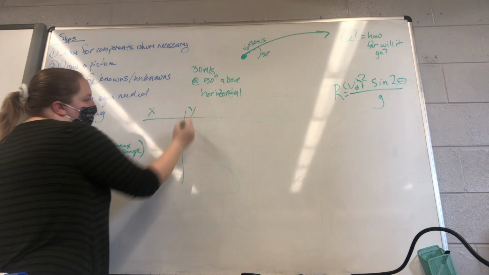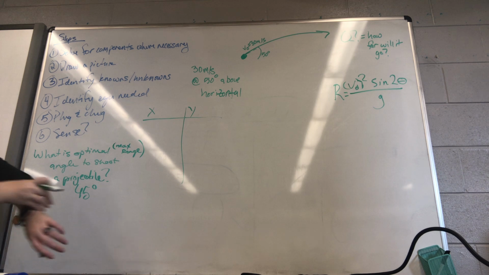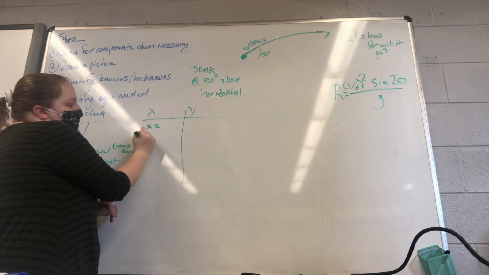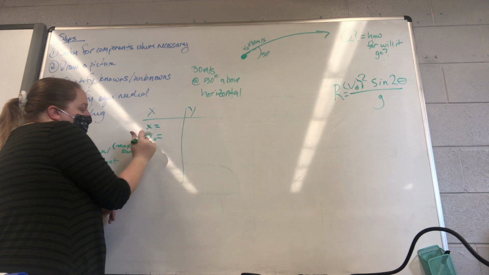Real quick, for argument's sake, let's set up an XY table and see what we get. And then let's discuss why the range formula would be the best one to use in this particular case. So remember to put all of your variables. Hopefully you remember your variables.